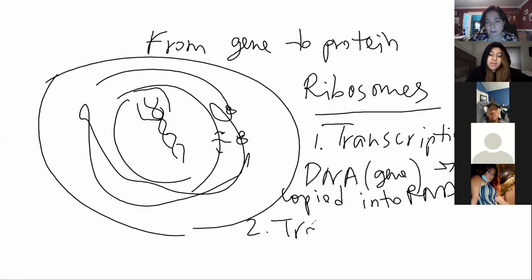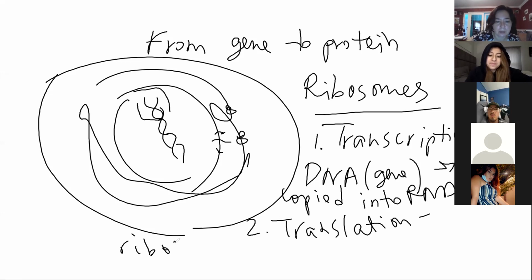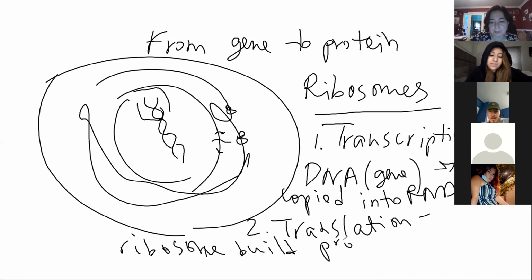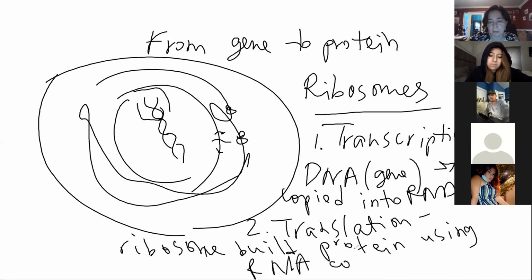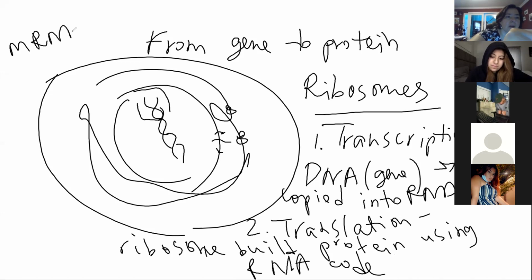This is called translation. Translation is when the ribosome builds a protein using the RNA code. Okay, so the whole story is, again, DNA is inside the nucleus. Ribosomes are outside. Ribosomes need instructions. The instructions come in a molecule of RNA. In this case, this RNA is called mRNA. mRNA is a special RNA which is a copy of DNA.